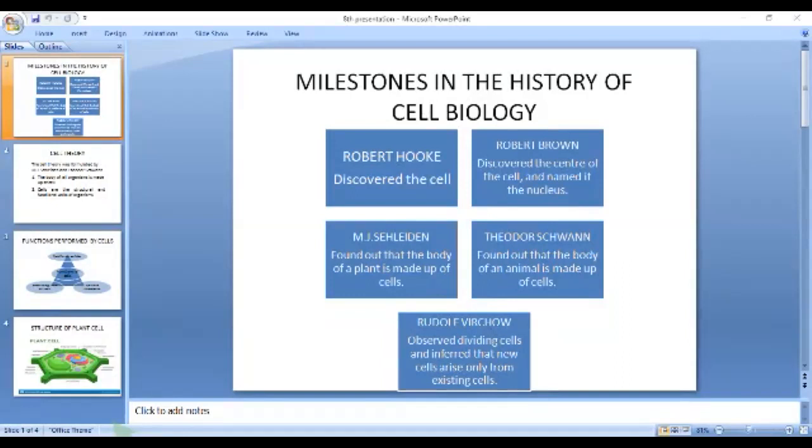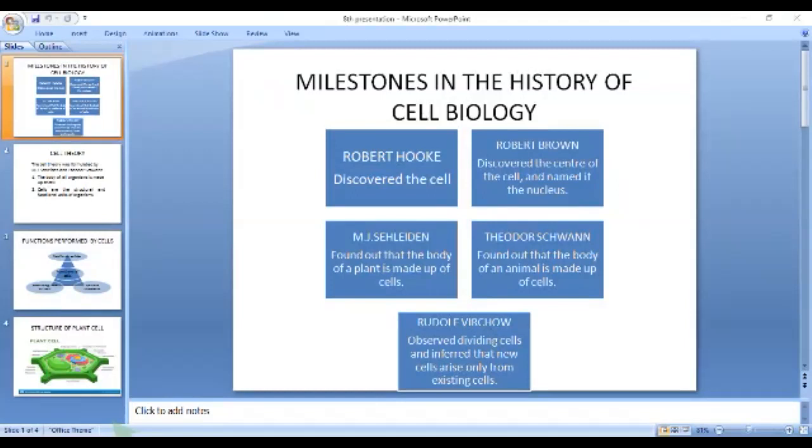After that, Robert Brown found that these little chambers have a center, and he called the center of the cell the nucleus. Next comes M.J. Schleiden. He found out that the body of a plant is made up of cells. Then comes Theodore Schwann. He found out that the body of an animal is made up of cells.